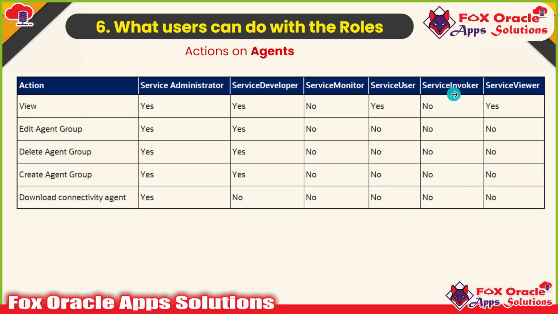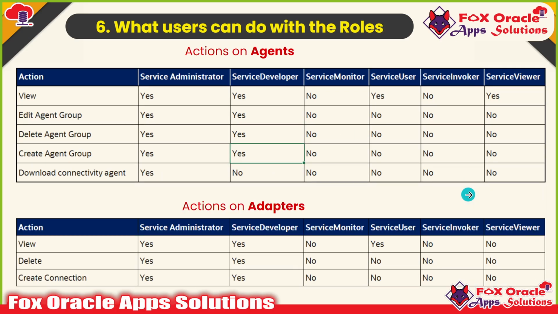So without the role, you cannot perform operations on different OIC instances. And obviously, each has different flexibilities. You cannot perform actions if you don't have those privileges or the role assigned. For example, if your user is not a service developer or service administrator, you cannot even view the agent created in the system, or download the agent.